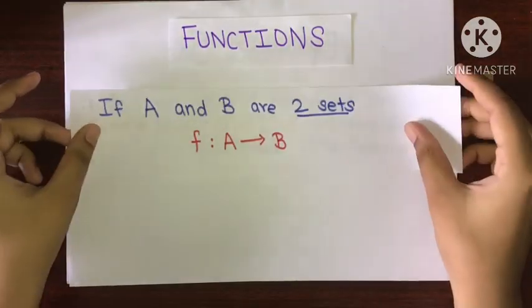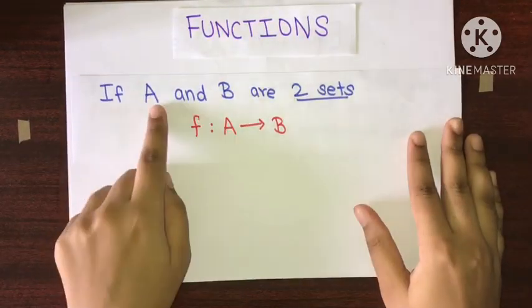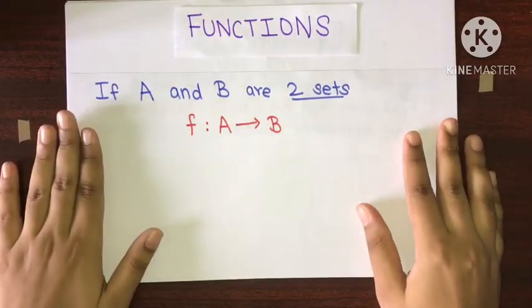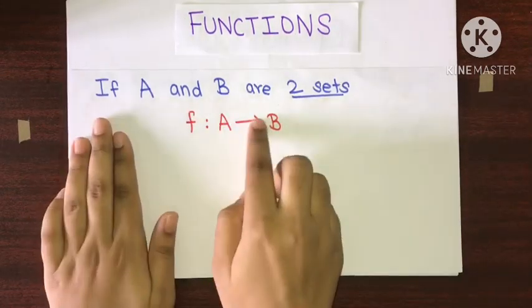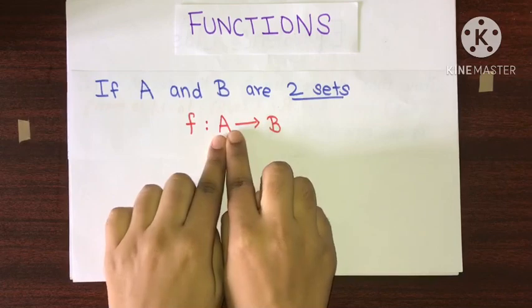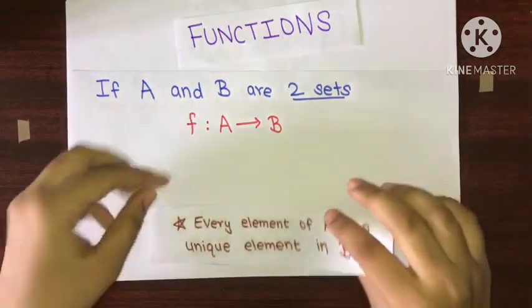Let's say I have two sets. Let those two sets be A and B. Now, I can say that there is a function mapping, so this arrow means mapping, from A to B if it satisfies a condition.